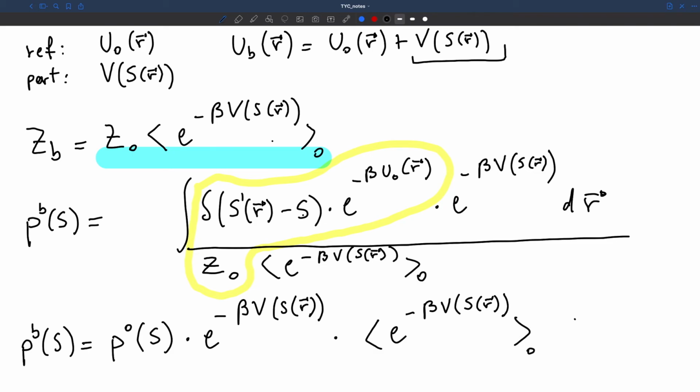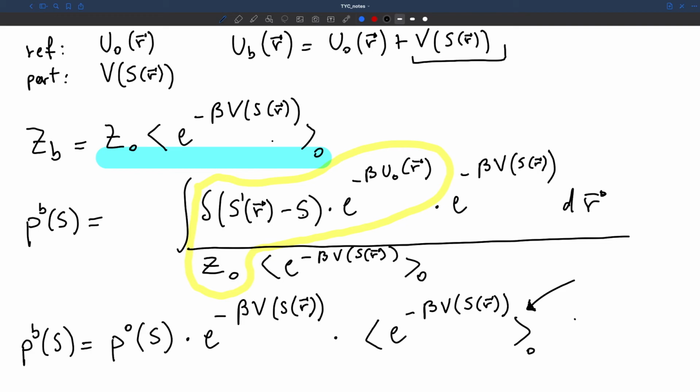Or in other words, if we use the perturbation formalism, this is the free energy difference that is due to the introduction of the bias potential, and that is not dependent on s. So this is a constant that is independent of s.